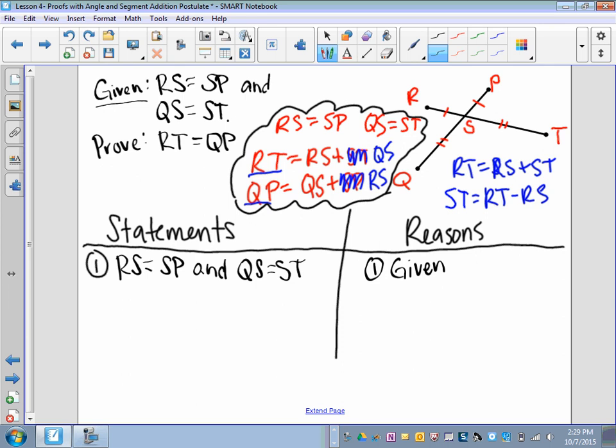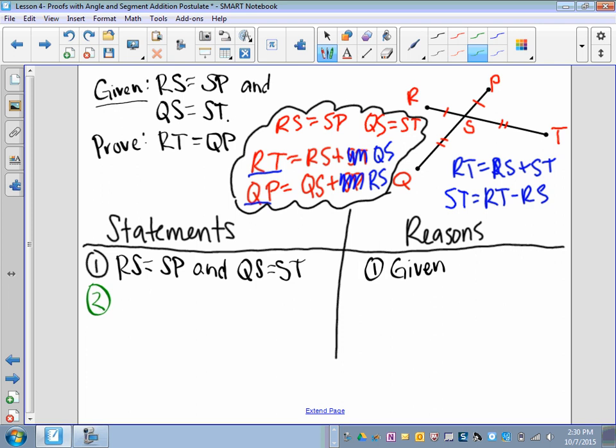Okay, so then we did some stuff with the segment addition postulate. So let's set ourselves up for that. I'm going to stick with using the measure of RT and the measure of QP, because that's what I want to finally finish with. So moving things around I don't think is going to help me out.